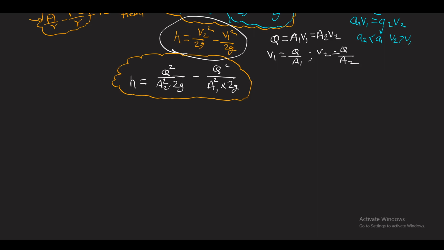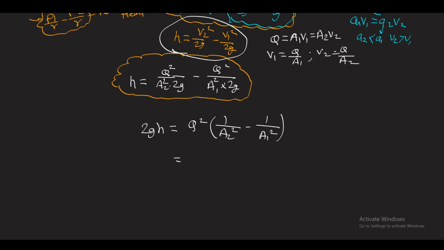I can write it as twice GH is equal to, taking Q square common here, 1 upon A2 square minus 1 upon A1 square.